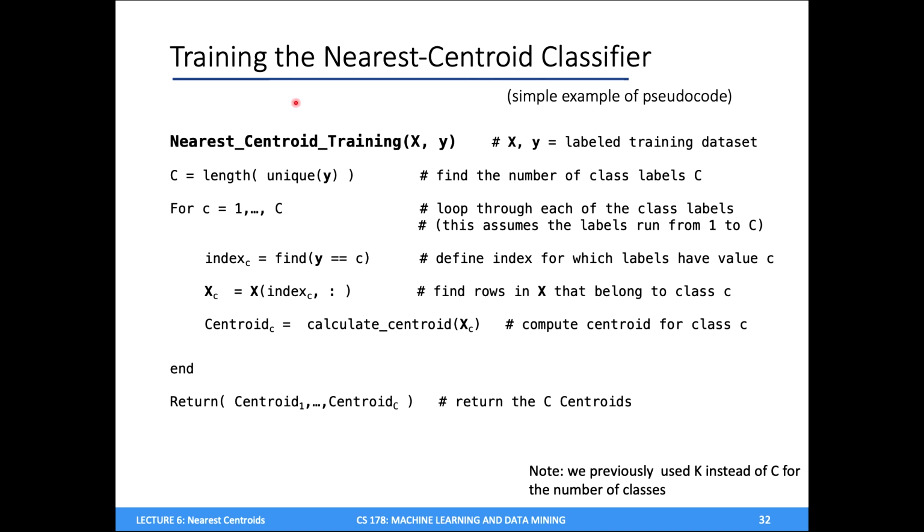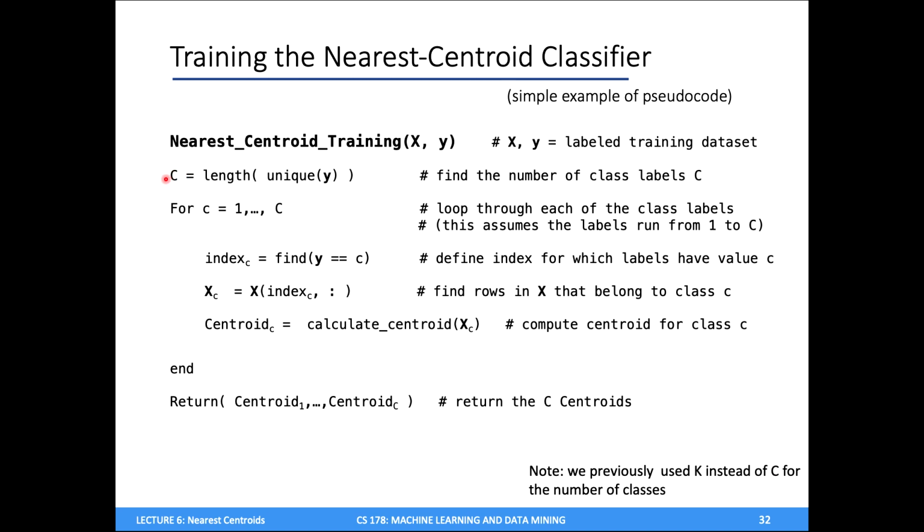To train our nearest centroid classifier, the first step is to compute the number of class labels we have in our data set. So this is how many labels we could potentially be predicting here. One thing I'll note is that there's a small typo in this pseudocode. We previously were using capital K to represent the distinct number of classes, but in this pseudocode I'm using capital C. It's again just the number of classes we have in our problem.